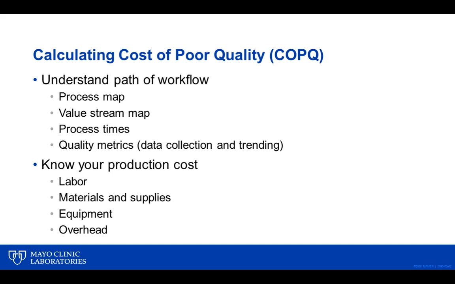So maybe that is the data you're tracking, and you have set up your goal, and you're not meeting the goal. So now you're trying to calculate the cost for not meeting this goal.